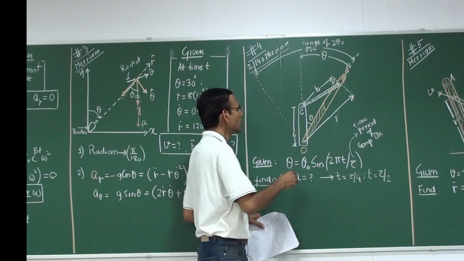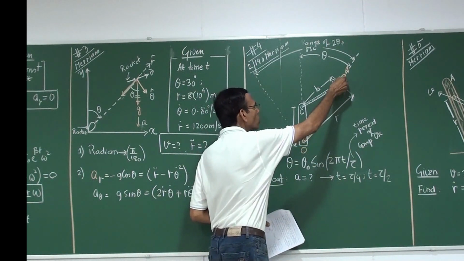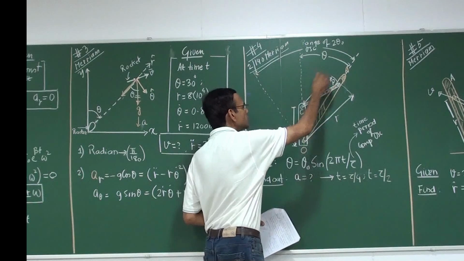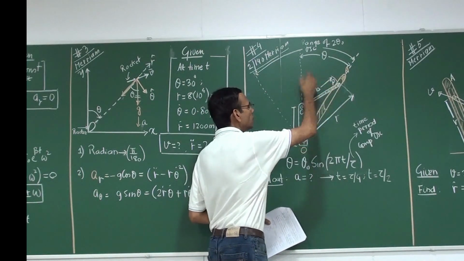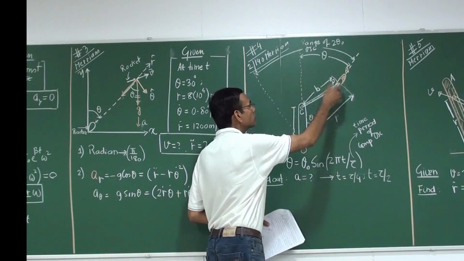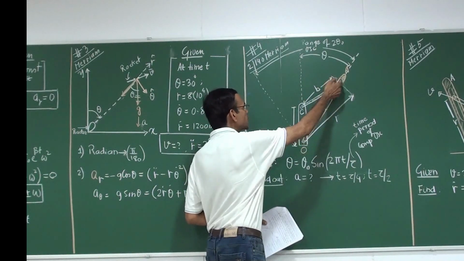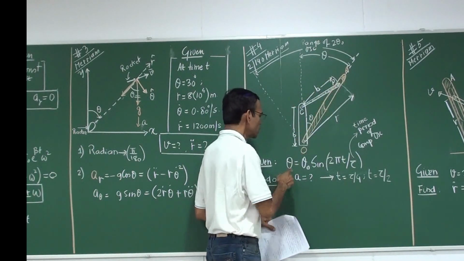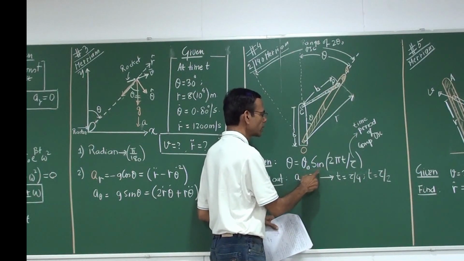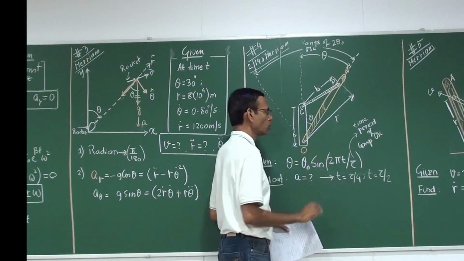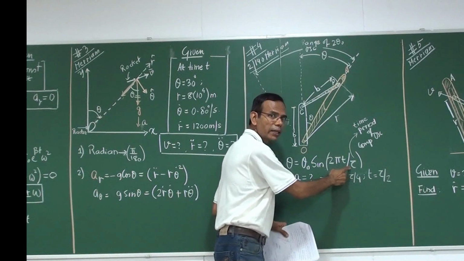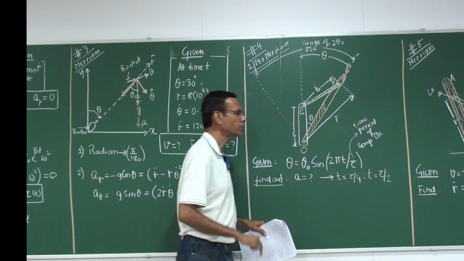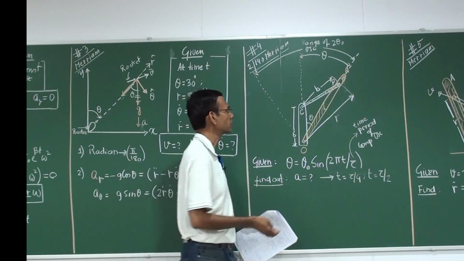Now, when this longer arm is moving, it is given some oscillation. That oscillation is maximum 2 theta 0. Theta is given by theta 0 sine 2 pi t by tau, where tau is the time period of complete oscillation.